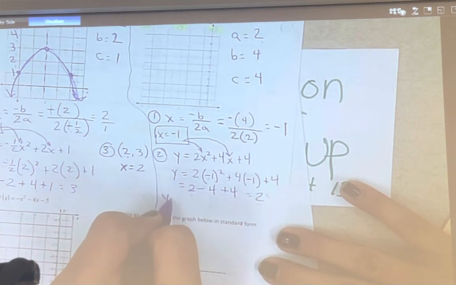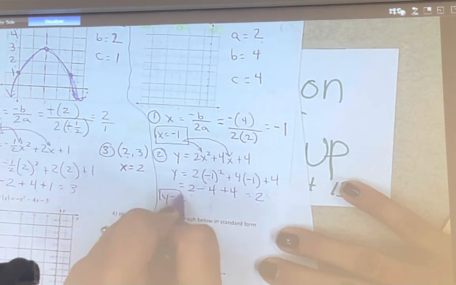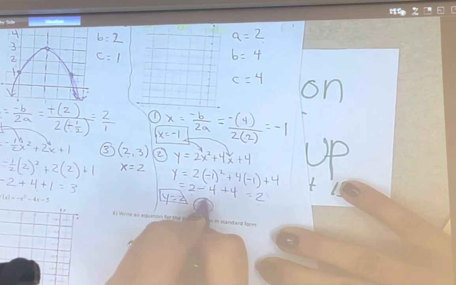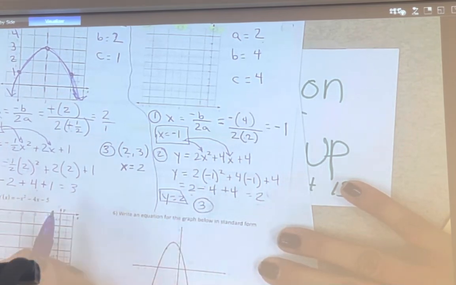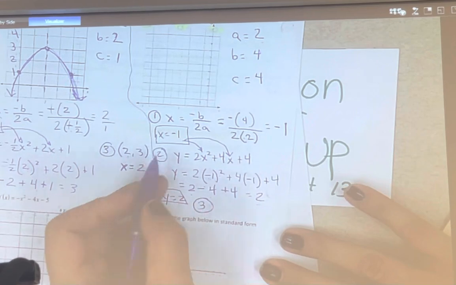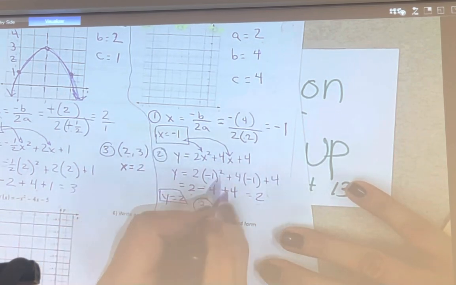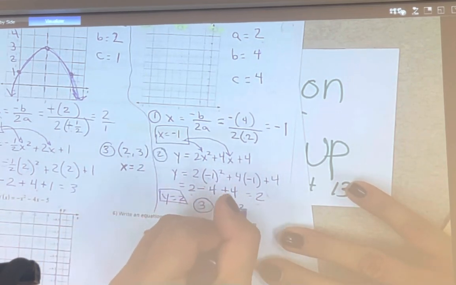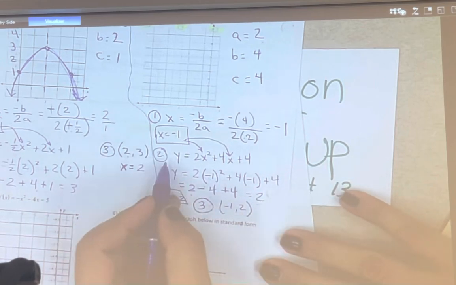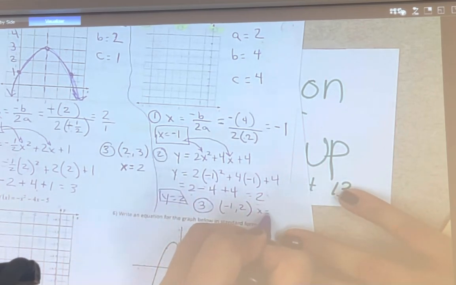So y equals 2. Now we are down to step 3, which is plot the vertex, and the vertex is negative 1, 2, and your axis of symmetry, which is just x equals negative 1.